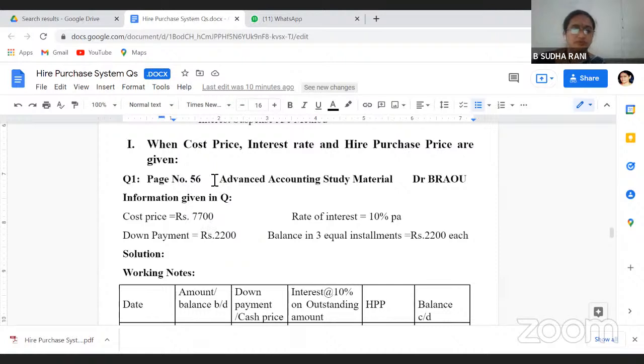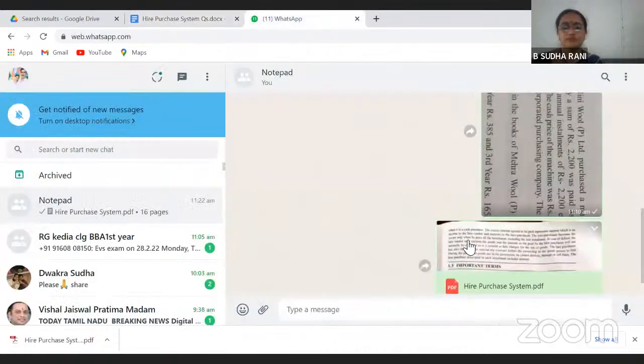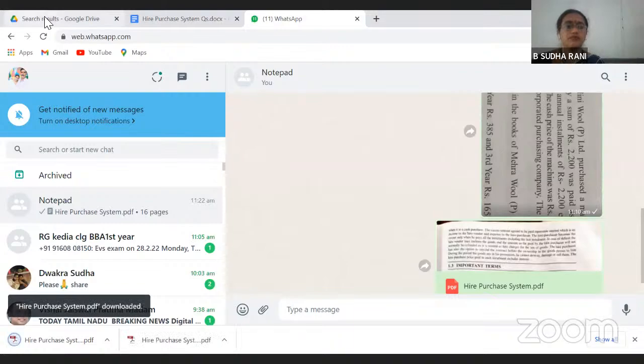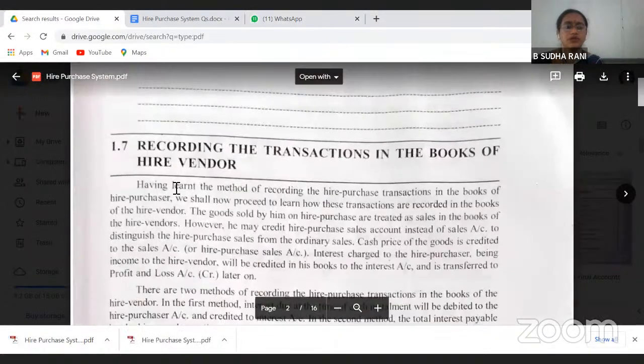I think I forgot to give the number. Question 1, yeah, here it is. If you have the Ambedkar material, please open it, otherwise I'll share it here.